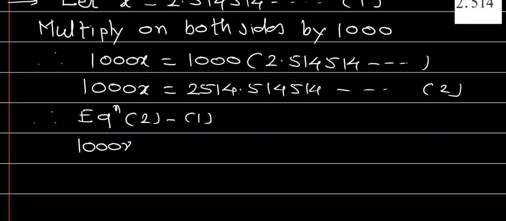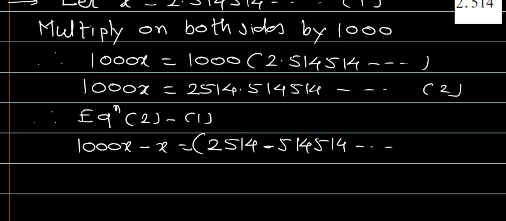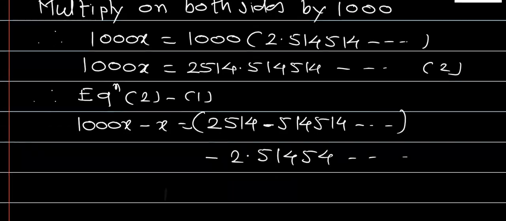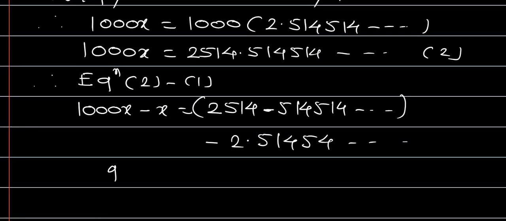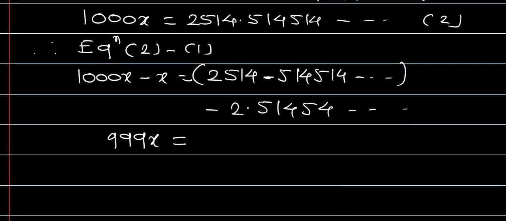Therefore, you will get 1000x minus x equals 2514.514514 minus 2.514 recurring, and hence 999x equals 2512.